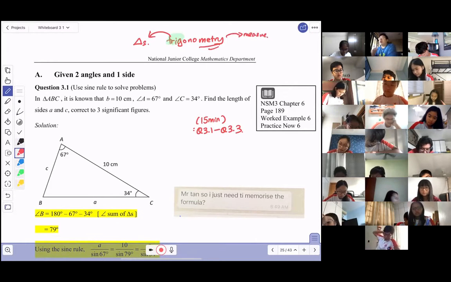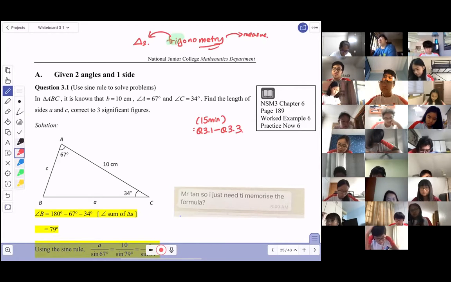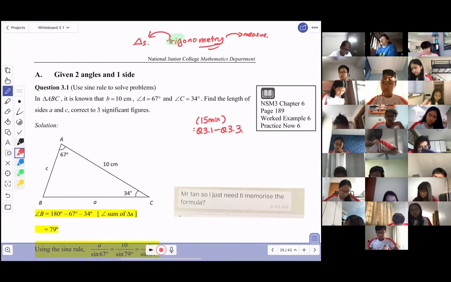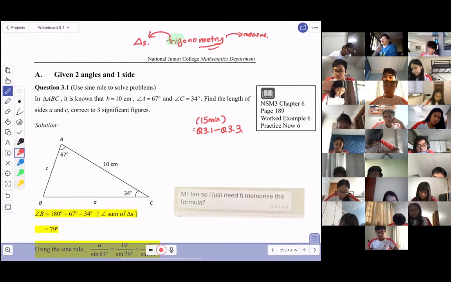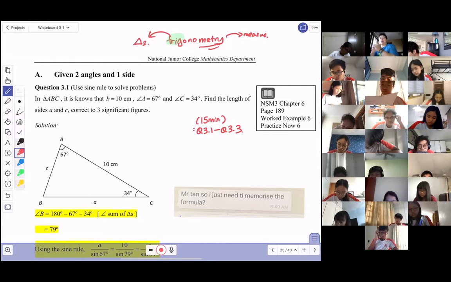So the big picture is that when you memorize this formula, you must know what it is for. It is for a situation where you are looking at a triangle and trying to find the unknown angles or the unknown sides. Thank you for the question.